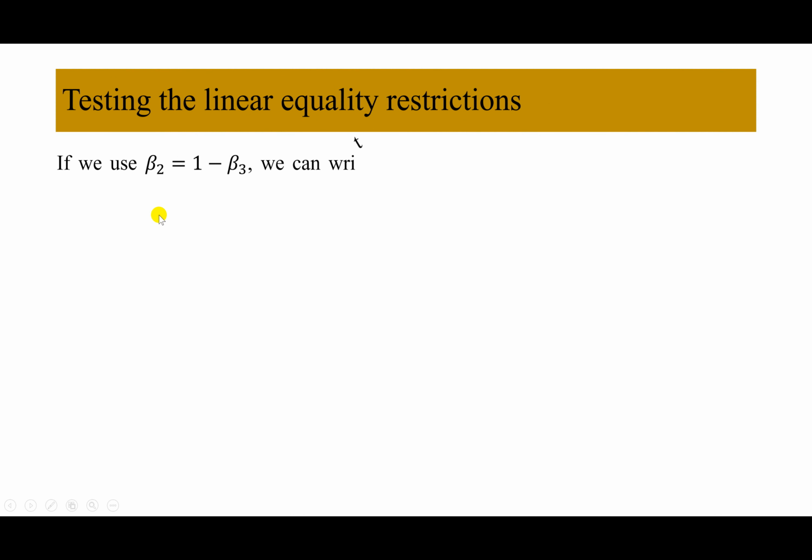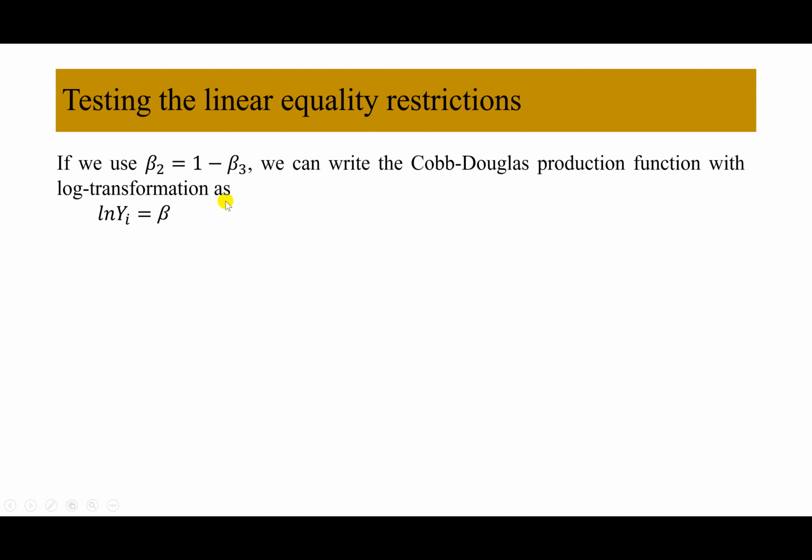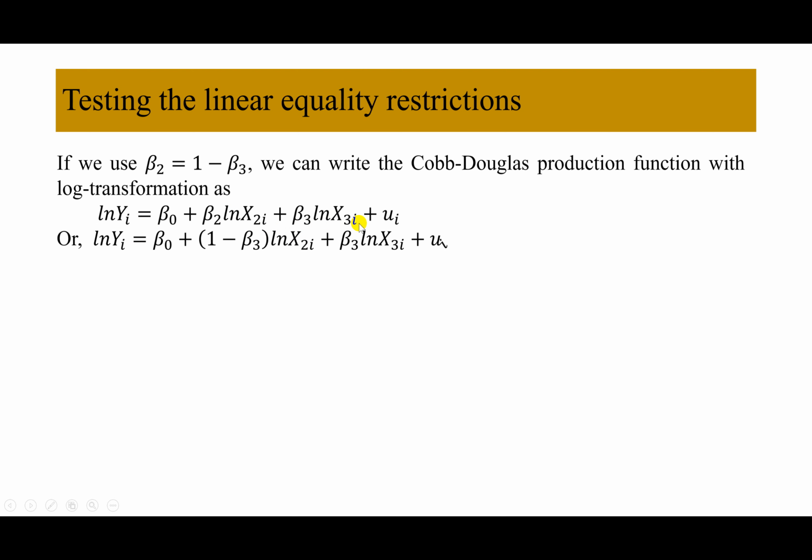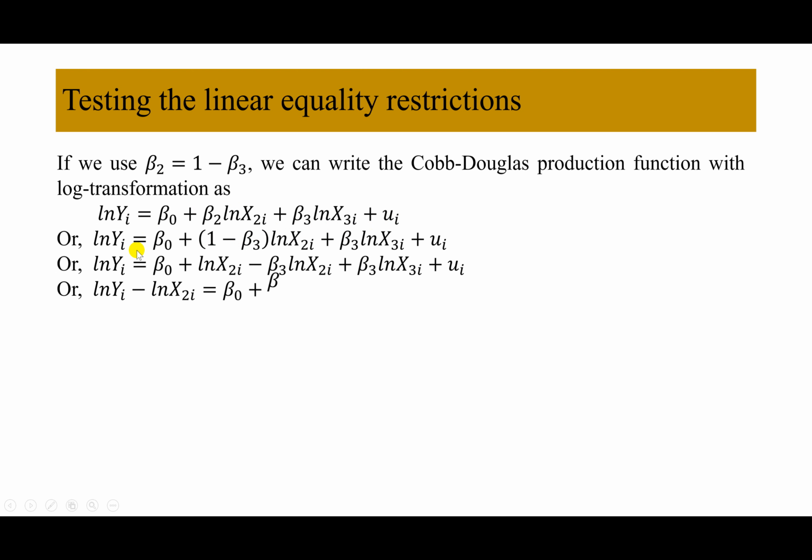So, if we use beta 2 is equal to 1 minus beta 3, we can write the Cobb-Douglas production function with log transformation as follows. Log yi equal to beta naught plus beta 2 log x2i plus beta 3 log x3i plus ui. Now, substituting 1 minus beta 3 in place of beta 2, we get this line.